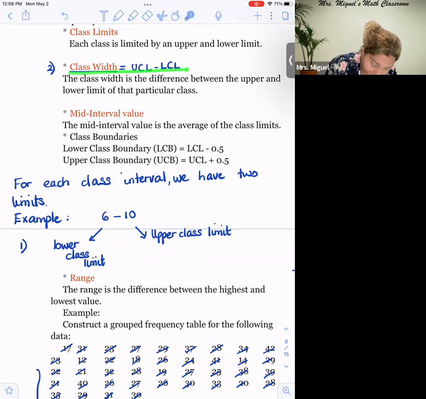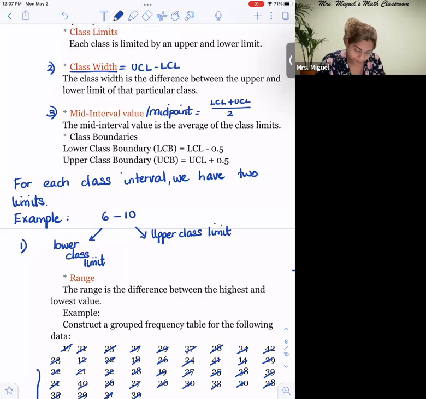Now 3, the mid interval or the midpoint. It is the lower class limit plus the upper class limit divided by 2. 4, the class boundaries, and you can take down this 3.